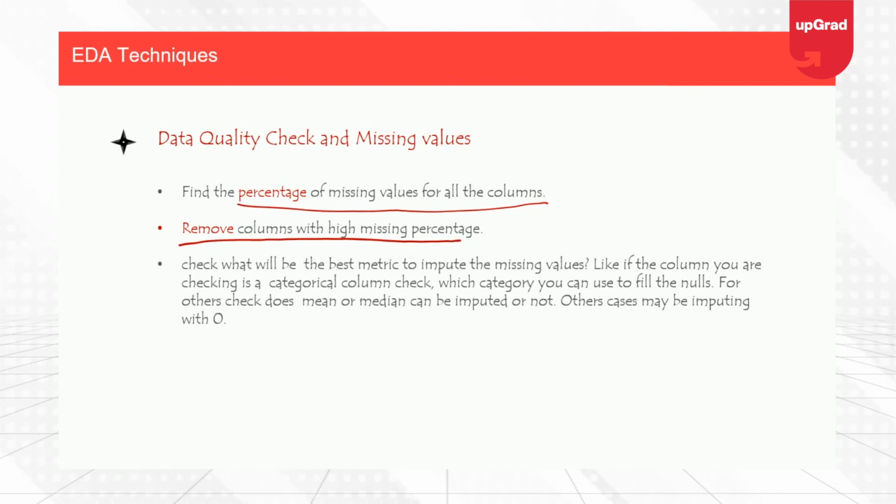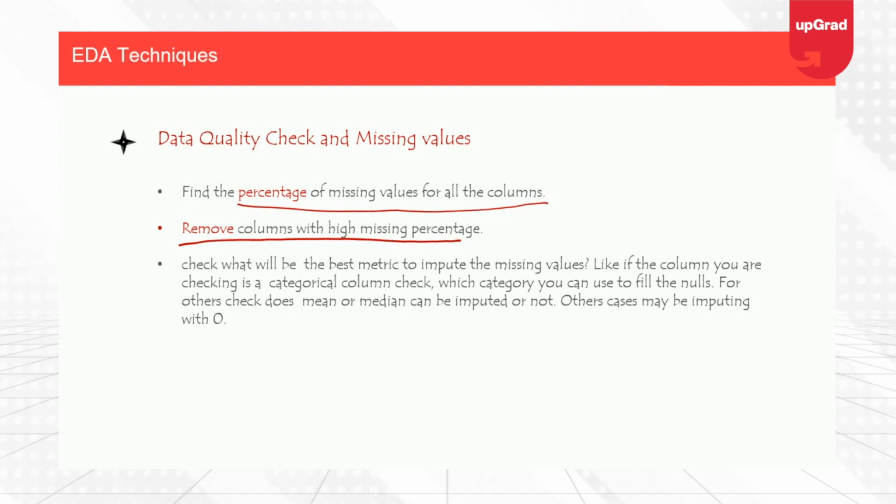What we are supposed to do is find the approach of handling those missing values. So what is the best suitable way to handle those missing values? If it is a categorical column, can we fill it using some default value? For example, let's say there's a column called language with various languages and there are some missing values, can we fill the missing values using English?